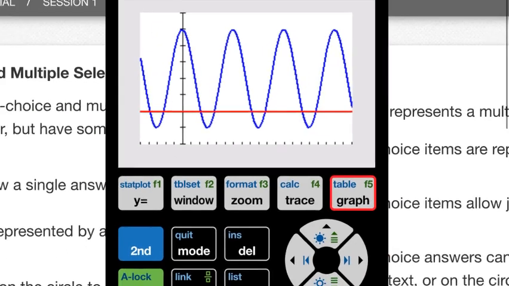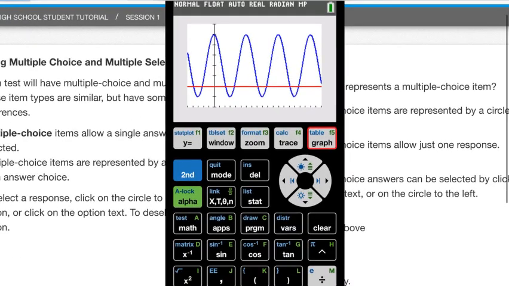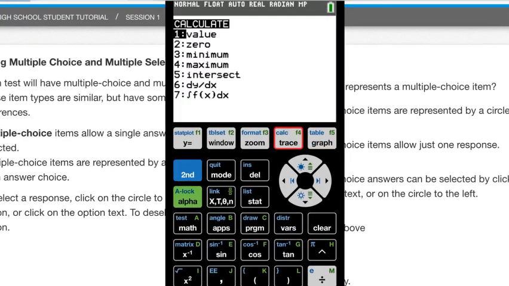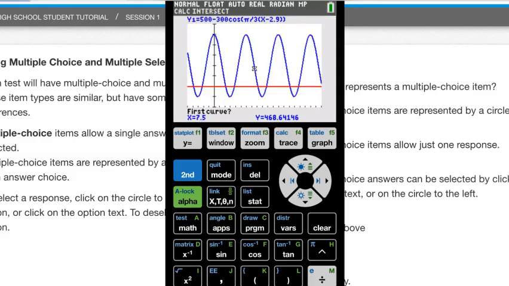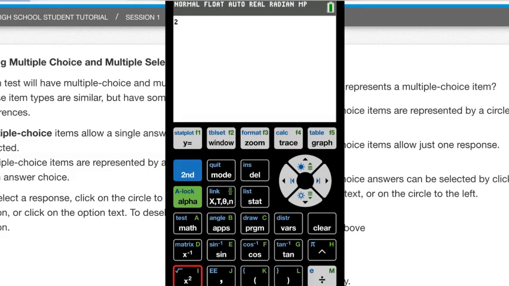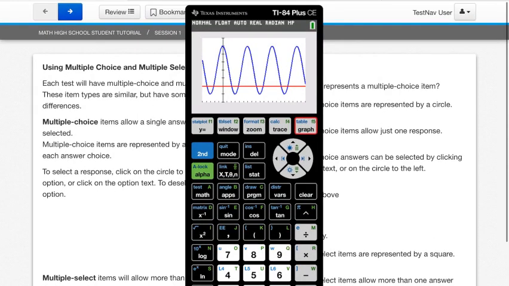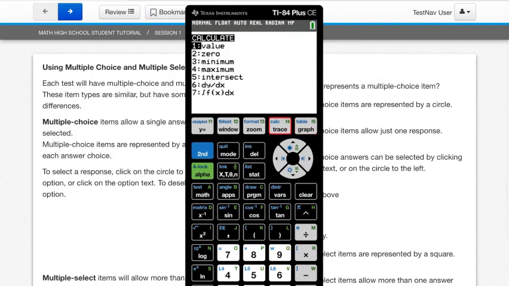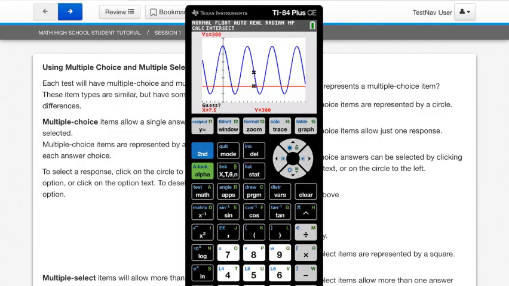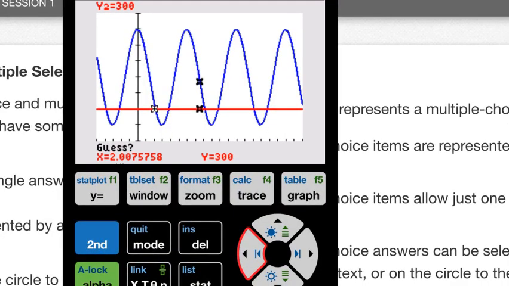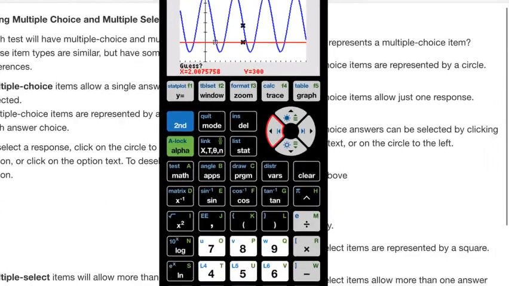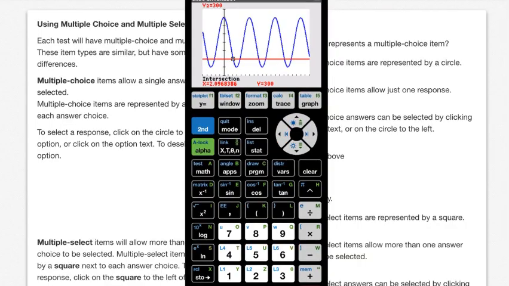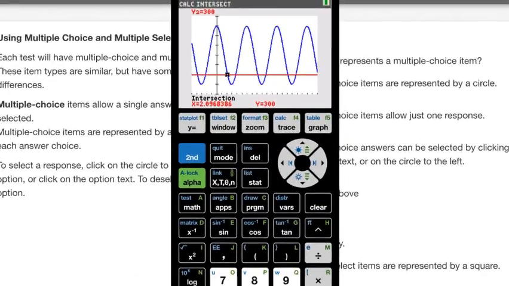To do that, second trace, 5 for intersect, enter, and then move the cursor. The first time they become endangered is right here where that cursor is blinking now. So hit enter a third time, and that will give me the number of years.